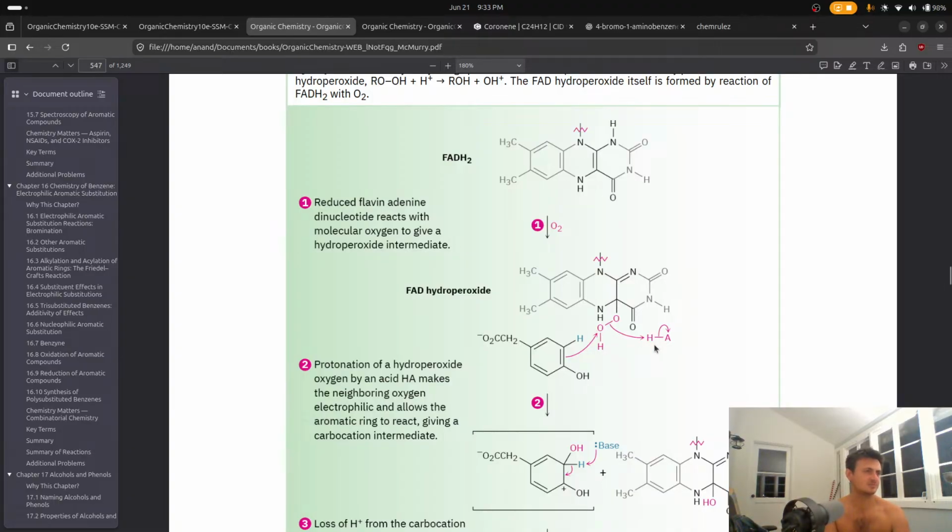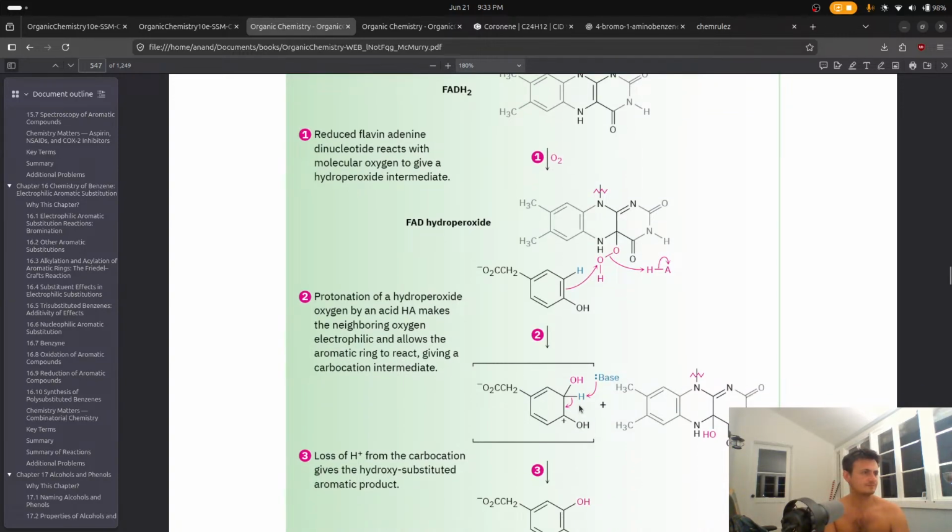Okay, this mechanism is wonky. Doesn't this get an... What is happening here?